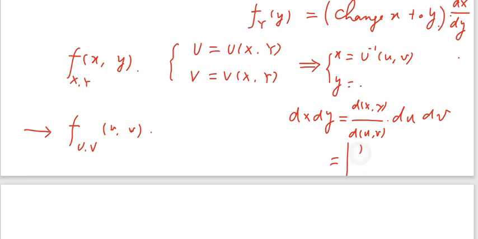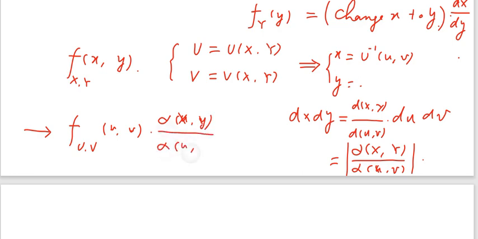We denote it as partial x, y over u, v, just regarding x and y as functions of u, v. So here we need to multiply by this, partial x, y over partial u, v, which is a determinant.